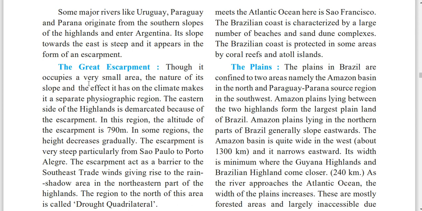Though it occupies a very small area, the nature of its slope and the effect it has on the climate make it a separate physiographic region. The eastern side of the highlands is demarcated because of the escarpment.